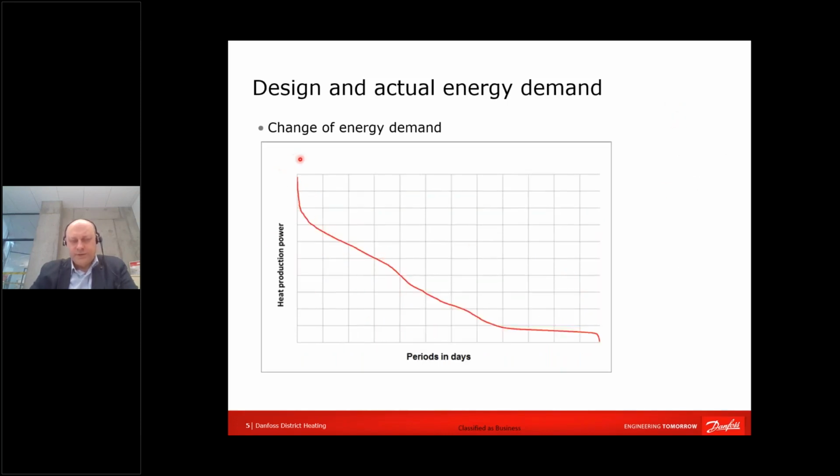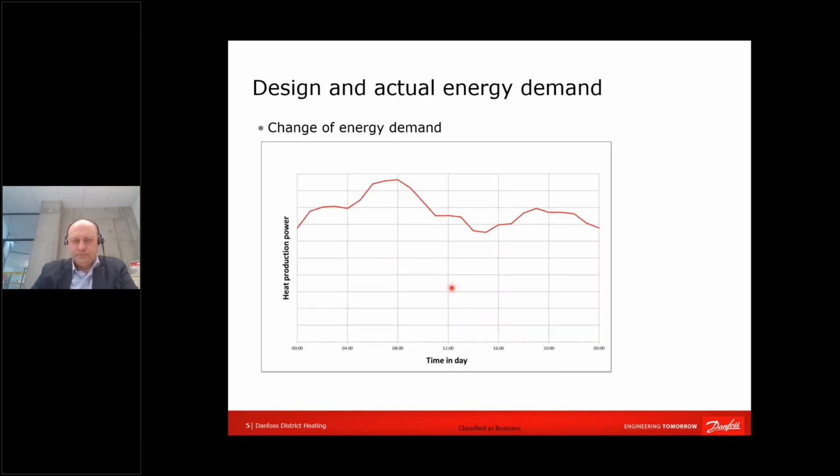When we are sizing differential pressure controllers, or we may say all the heating controls, we normally aim at the maximum capacity, which takes quite a short period of the complete heating season. Here probably this part is just consumption for the domestic hot water. Even during the day, energy consumption is changing, especially when we speak about domestic hot water.